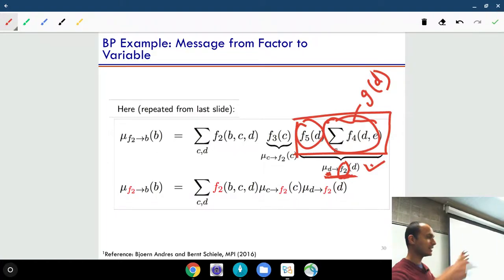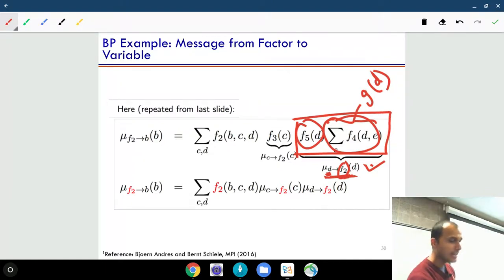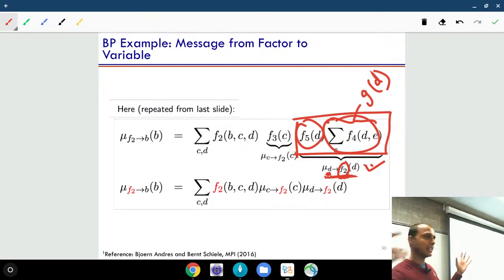Even if we did not have the notion of messages, we would pass these summations around and do the summation. But now we are just calling them messages by grouping the terms together. So I'm calling F5 of D times that summation over E of F4 of D, E, that product, a message that D will pass to F2.